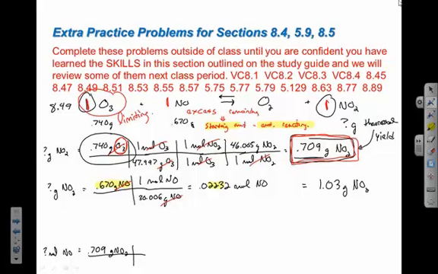So I would take the molar mass of NO2, the 46.005 grams of NO2 per mole of NO2 that we calculated. Then I would employ the 1-to-1 ratio that happens to be the case here, the way the reaction is balanced, to convert that to moles of NO. So I'd take the 0.709 divided by 46.005, and that gives me 0.01541.